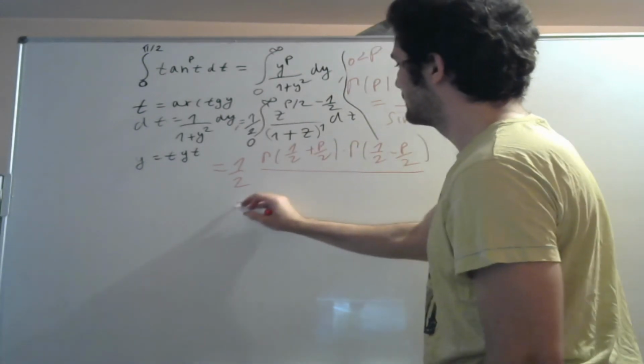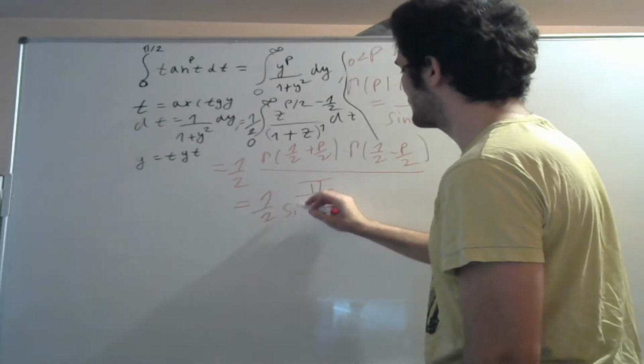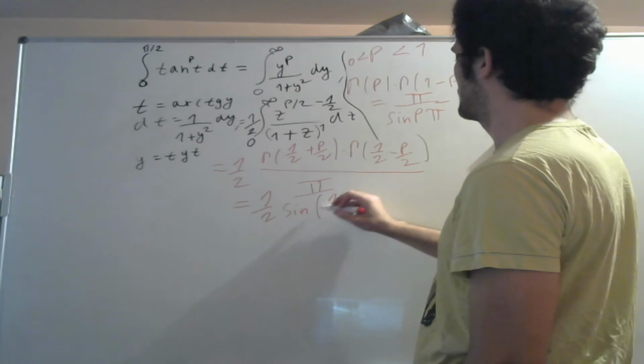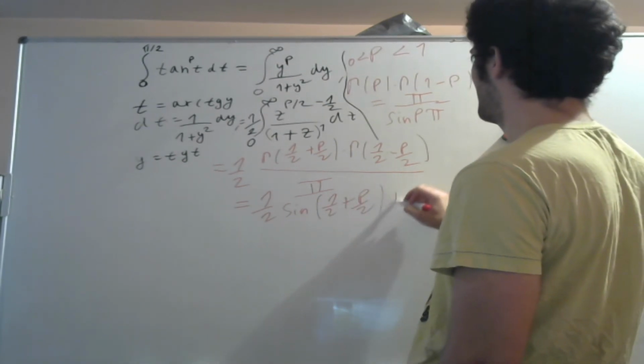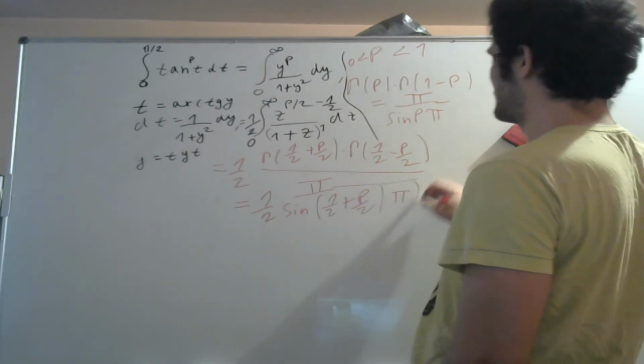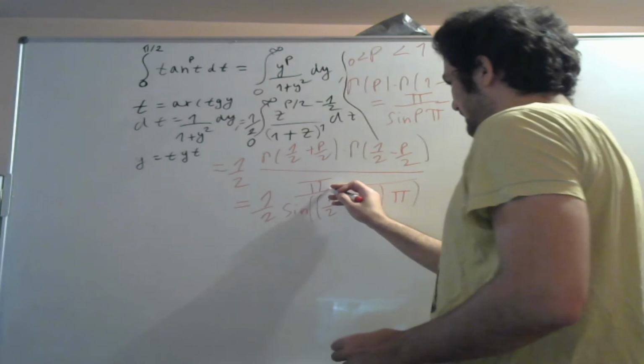Let's do that: 1/2 pi over sine of 1/2 plus p over 2, times pi. This is all together in the sine, not a different pi.